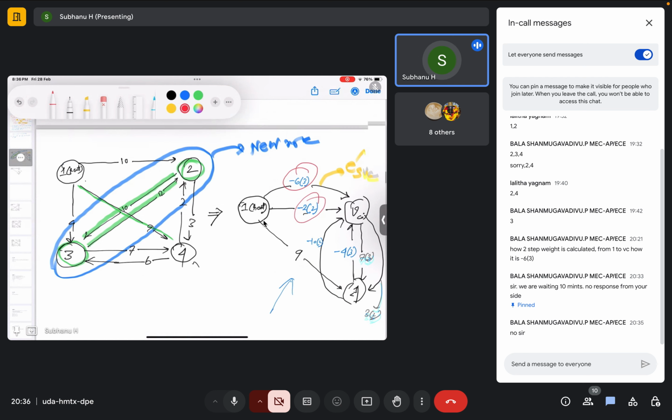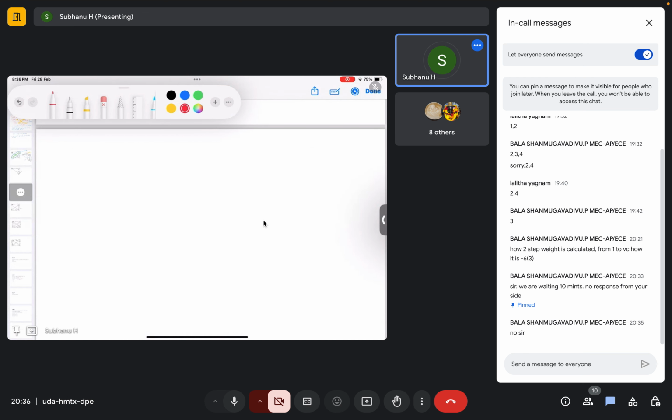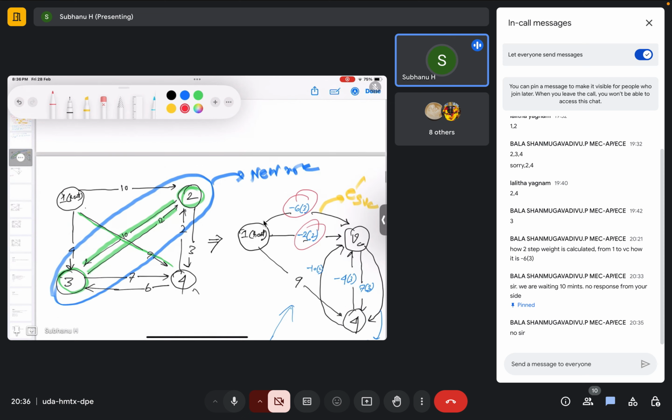If you didn't understand this algorithm, let me describe it again. We will just focus on how the reweighting or adjustment works. This is clear, right? If we find a cycle, we treat that as a new node.